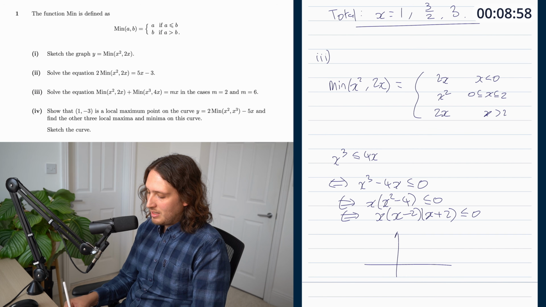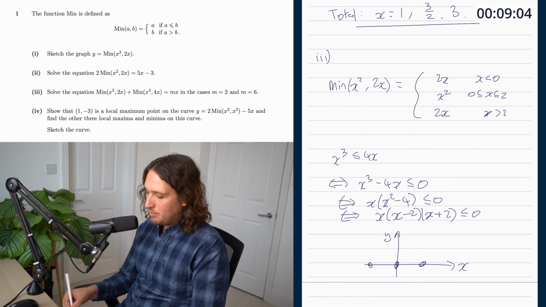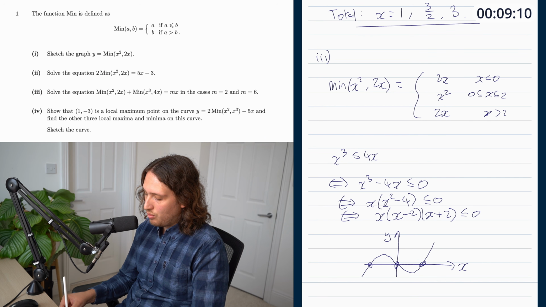Both for the examiner's satisfaction and so that I don't mess up, I'm going to draw a quick plot of such a cubic. It's a positive cubic that cuts at those points. So I can see that this is true when x is less than or equal to minus 2, or when x is between 0 and 2.